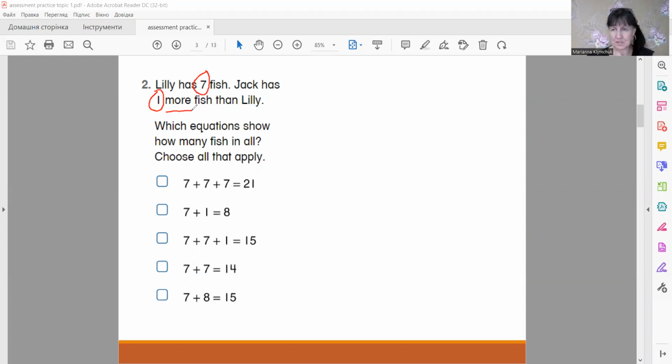And I was teaching one day how to make a short writing for the story. Lily, letter L, 7 fish. Jack, 1 more than Lily. So that means Lily plus 1. Lily plus 1 equals 8.